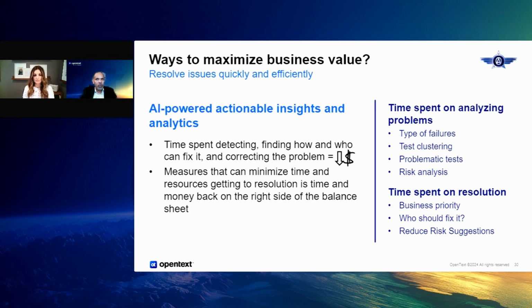So far we talked only about analyzing the problem. What about resolution? DevOps Cloud Aviator AI can go with me and say, okay, based on the error message, or maybe the function that I have defined in my automated test, these are the possible application modules. It can prioritize and show me this is a credit card related issue, so there should be a higher business priority.